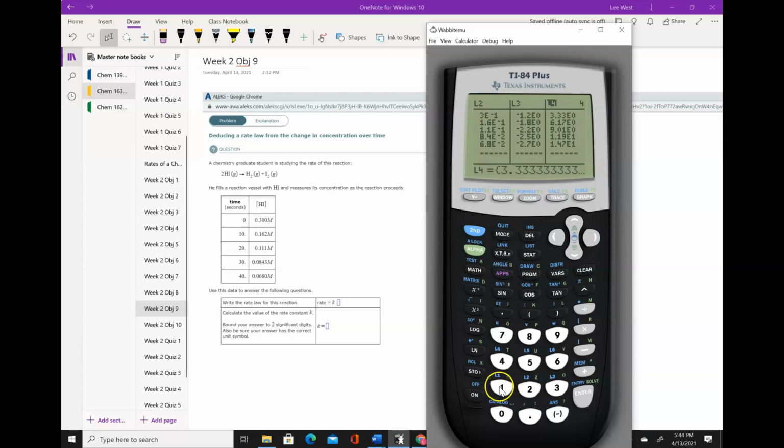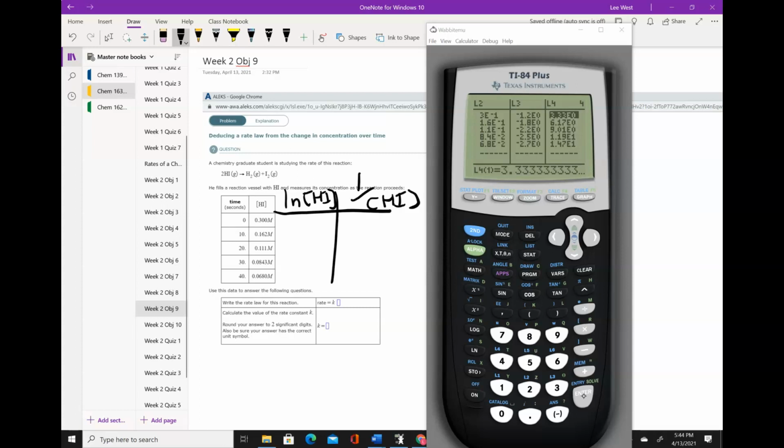All right, so 1 on second function, list 2, just 1 on the concentration. There we go. So in reality, what my table looks like is like this. This is the log of HI, and this is 1 on the concentration of HI.